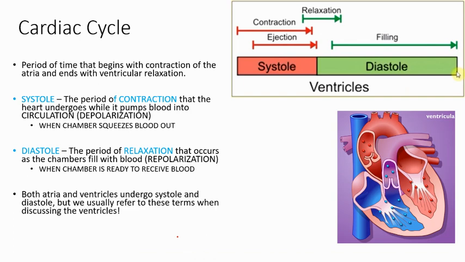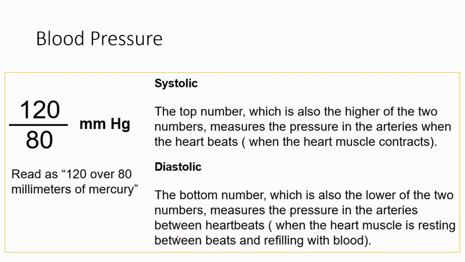Now, both atria and ventricles, the top chambers and the bottom chambers, both undergo a period of contraction and relaxation. However, when we're talking about the cardiac cycle, we're going to be specifically talking about the ventricles and what's going on with them. When you're looking at a blood pressure, you do need to understand what the numbers mean, because we're going to be talking about blood pressure in this one.